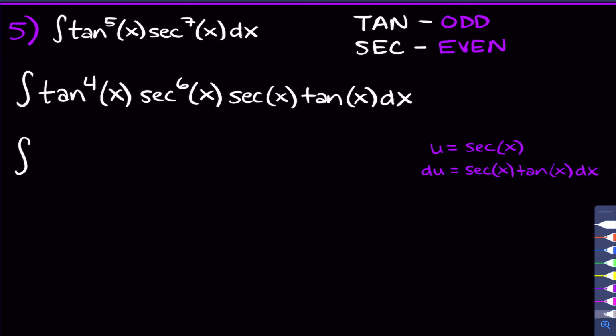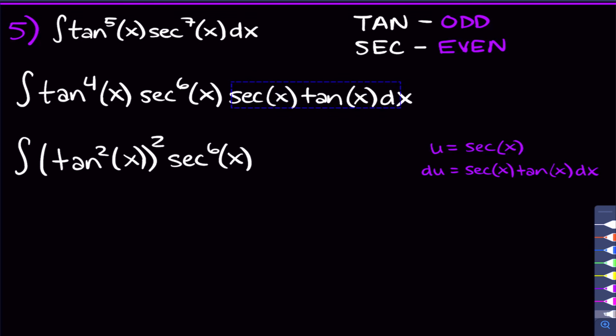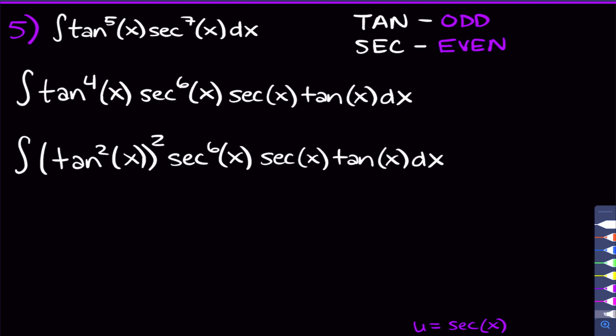So if we want to convert this to secants, of course, this isn't a tangent squared. This is a tangent to the fourth. So how do we do that with our identity? What we can do is write this in terms of tangent squared. We can write it as tangent squared squared. That's tangent to the fourth. And then we copy everything else over. So now that we've gone and done that, we can plug in for our tangent squared using our identity.